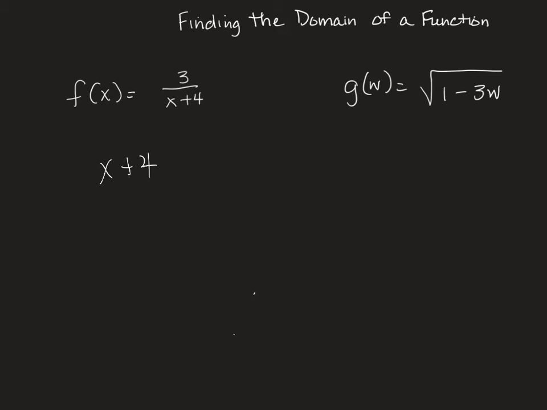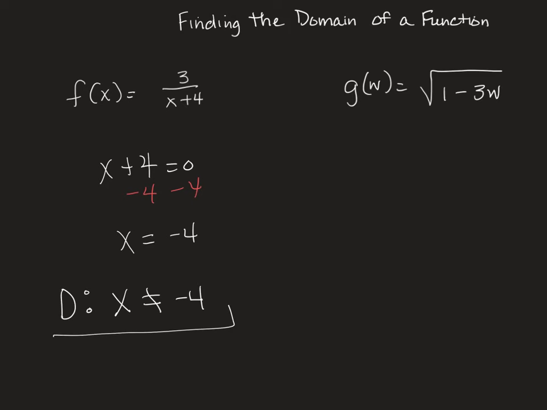X plus 4 equals 0. Okay? And then we're going to solve. So subtract 4 off of both sides. X equals -4. So then step number 3 tells me write the domain as X does not equal -4. That is my domain. And there is my answer.